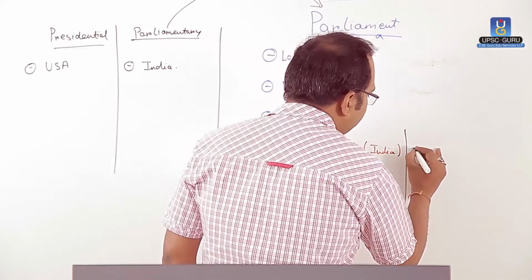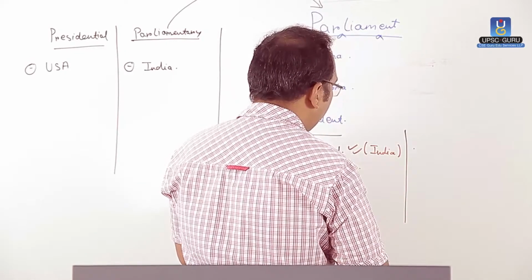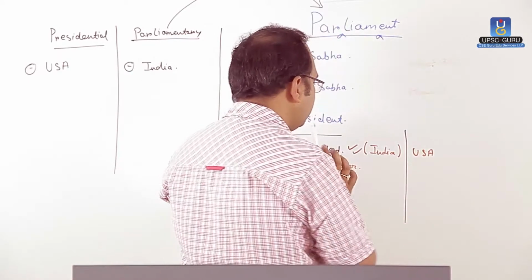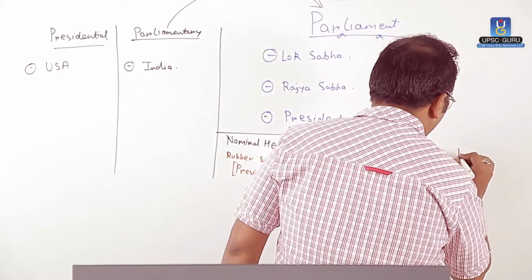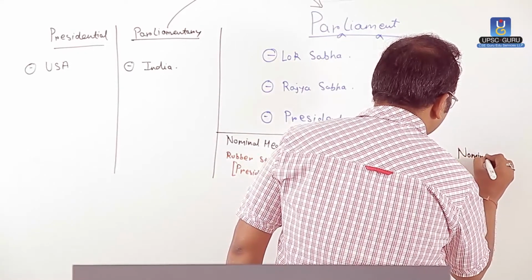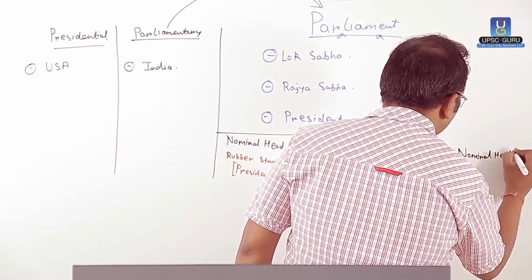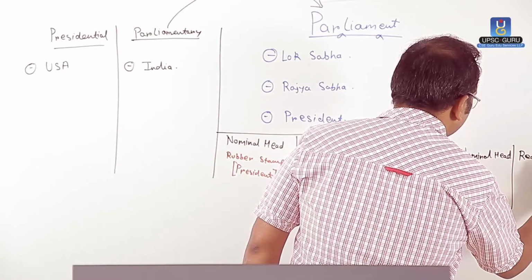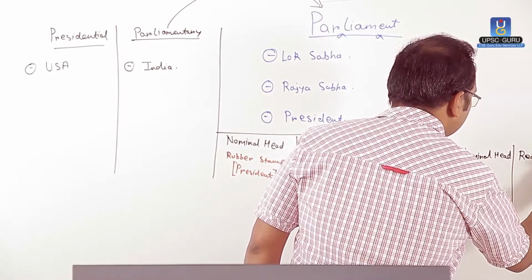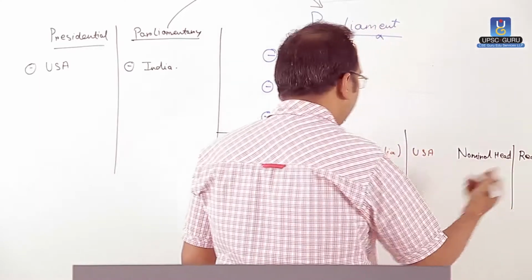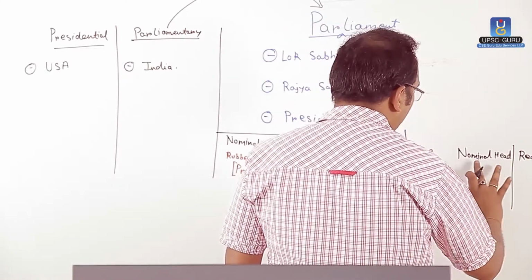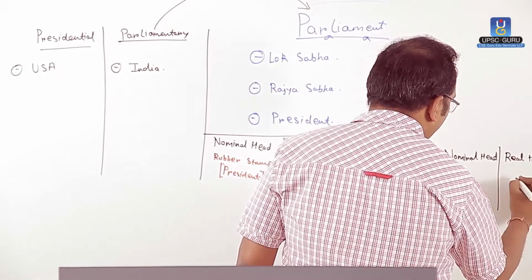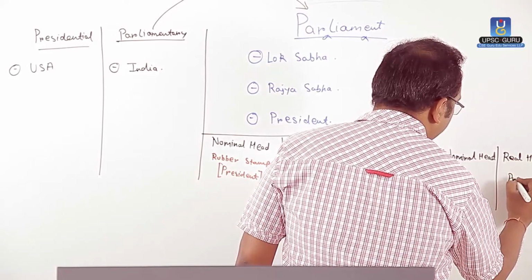Now if you see this in the context of the USA, similarly write down your nominal head and your real head. So who is the nominal head there? The prime minister in the case of the USA, and your real head is your president.